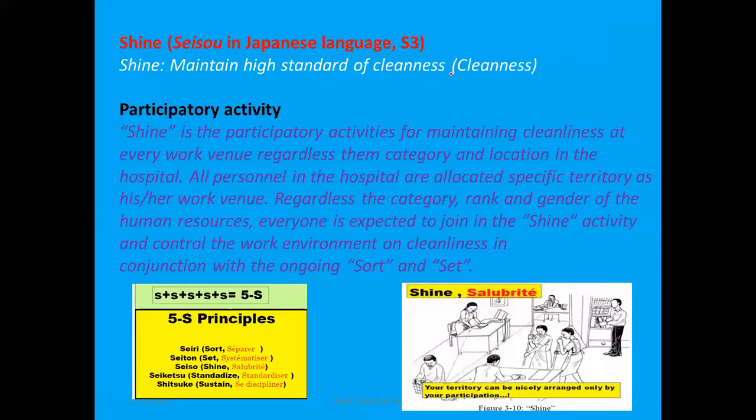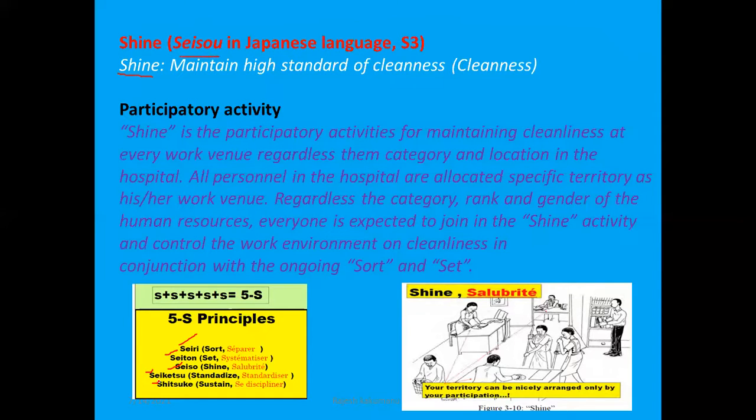The next point is shine. Shine means making clean and tidy. In Japanese we call it seiso. The first we have completed is sort, seiri, then seiton, set, then seiso, shine, and seiketsu and shitsuke.